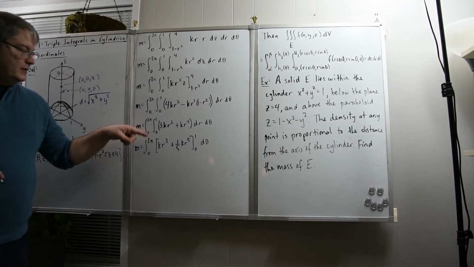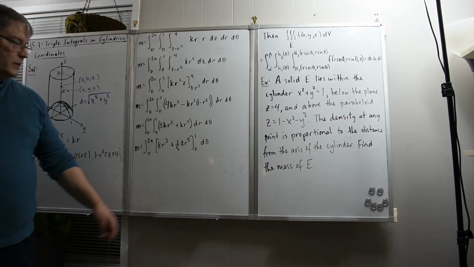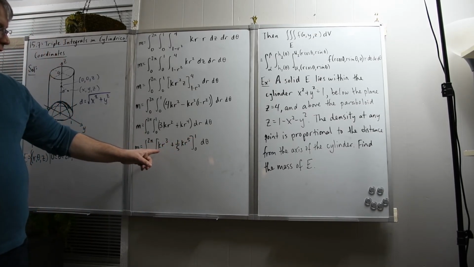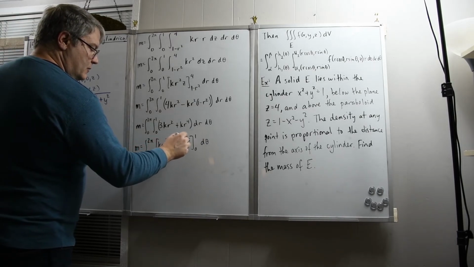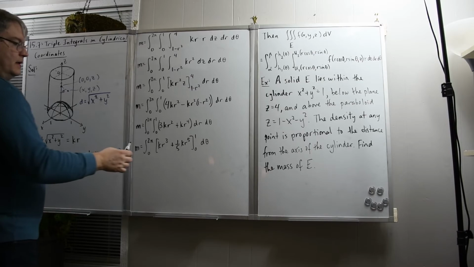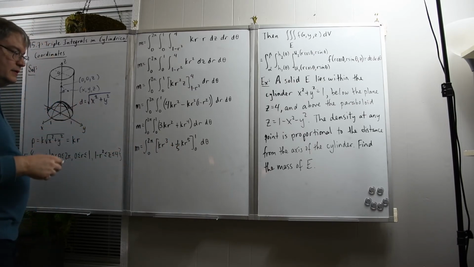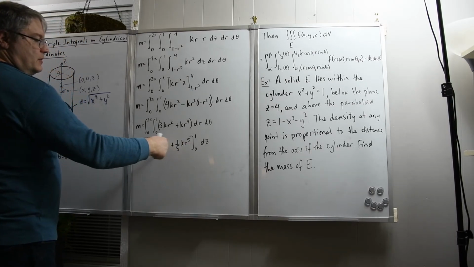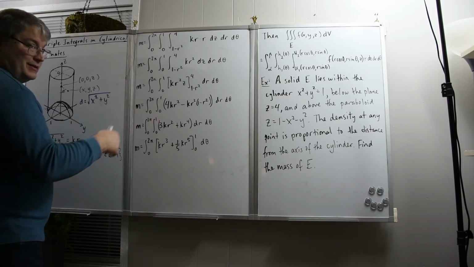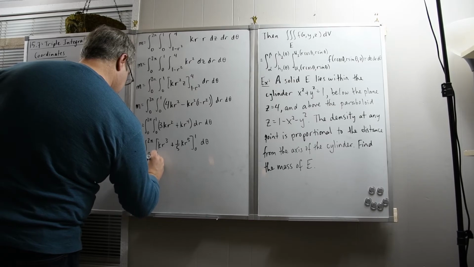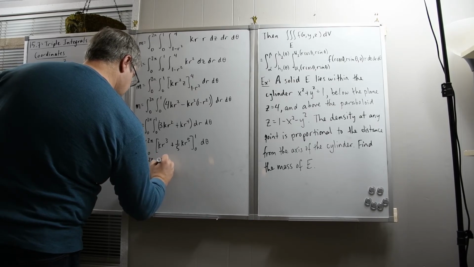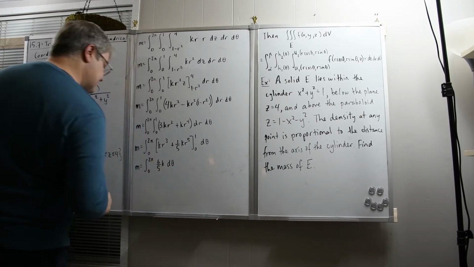Now the limits of integration on r were 0 and 1. So if we plug in 1 for r, k times 1 cubed gives us k. 1/5 times k times 1 to the 5th gives us a fifth k. So you have a k plus a fifth k gives you 6/5 k. Subtract what you get when you plug in 0 for r. Well, that's just going to give you 0. So we're going to have m is the integral from 0 to 2 pi of 6/5 k d theta.